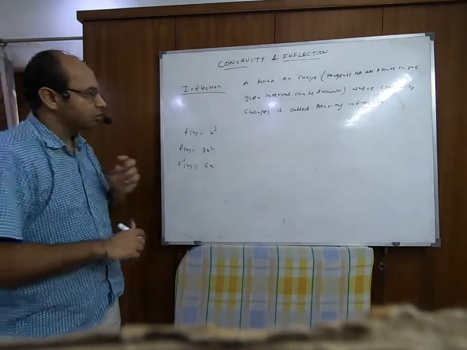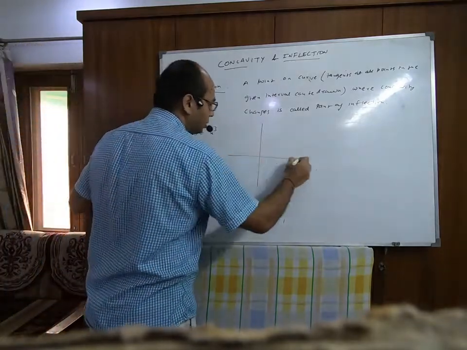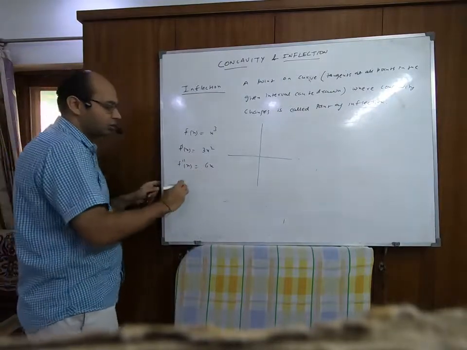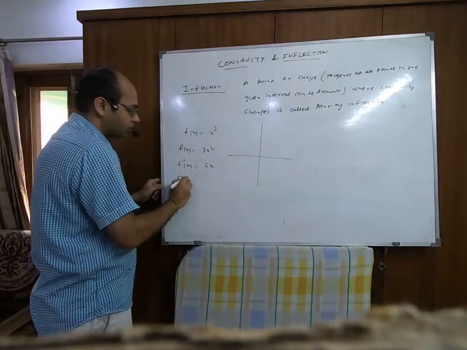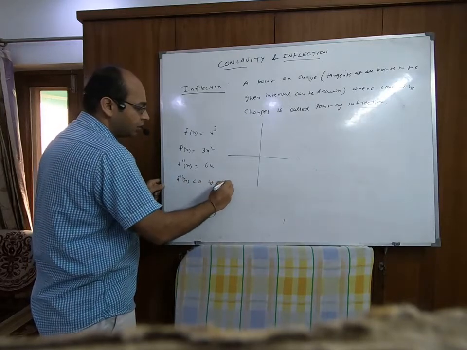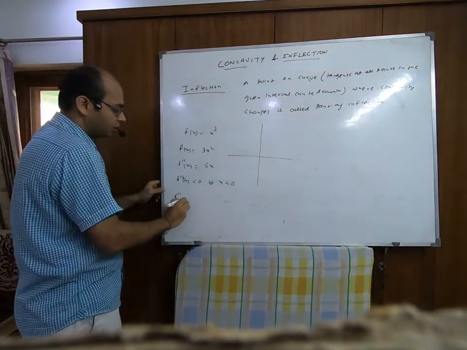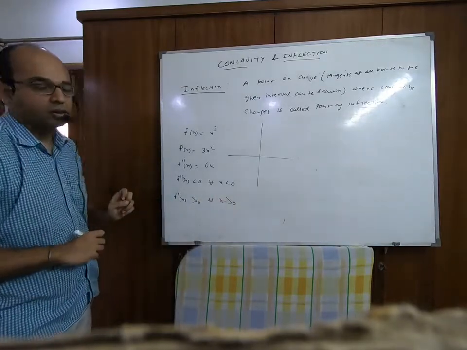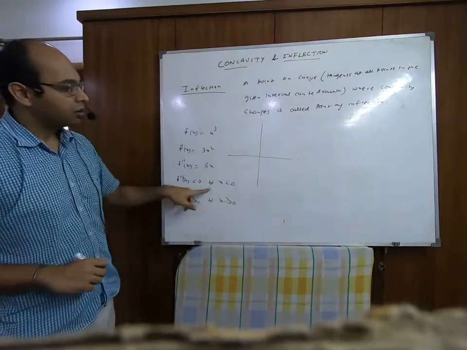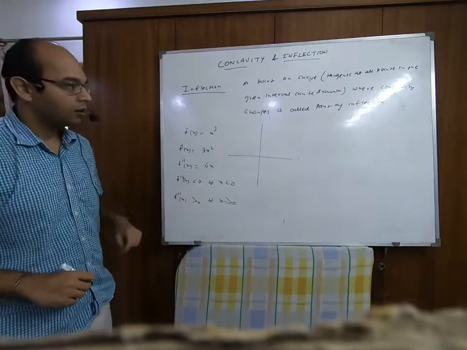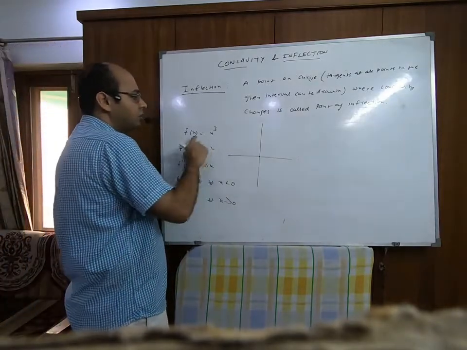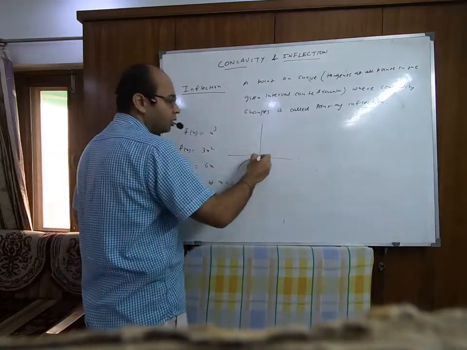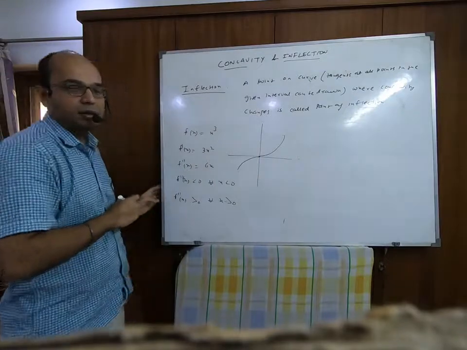What this gives me is 6x, which will be negative when x is negative. This means f double dash x is negative for all x negative and f double dash x is positive for all x positive. This means it will be concave down here and it will be concave up here. At x equal to 0 the function is 0. So it will be something like this and something like this.